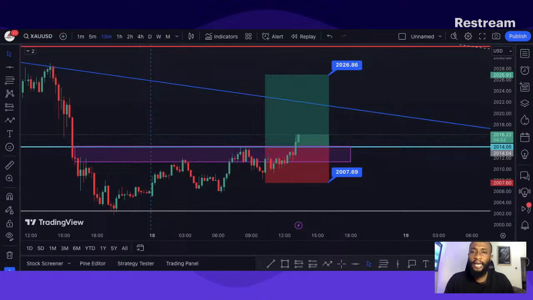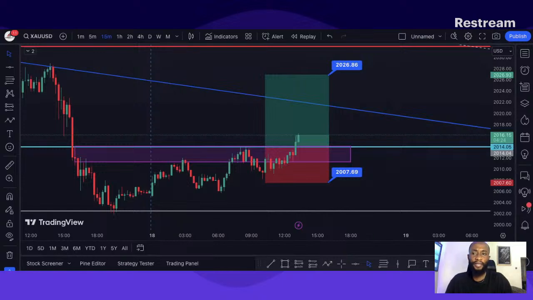If you calculate the lot size you are using, we must arrive at an amount where, if you lose the trade, you lose only $50. So just calculate it that way. That's how you get your lot size.